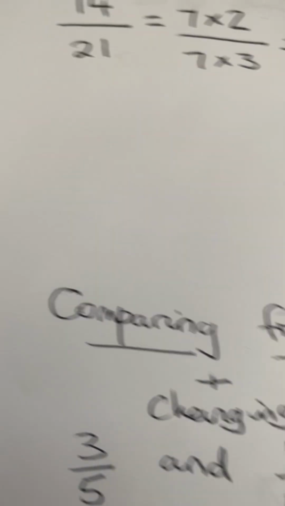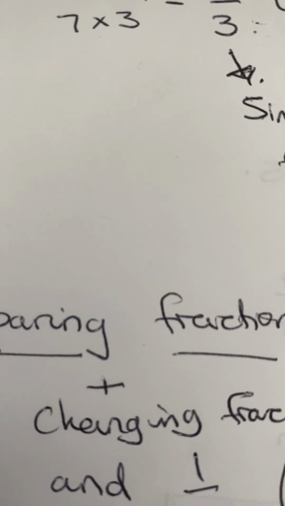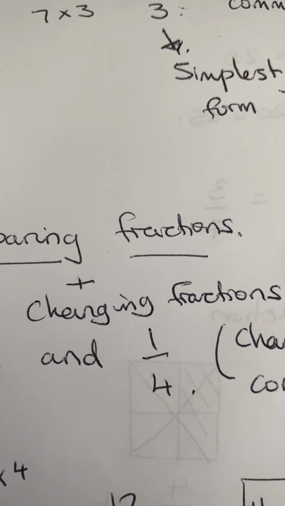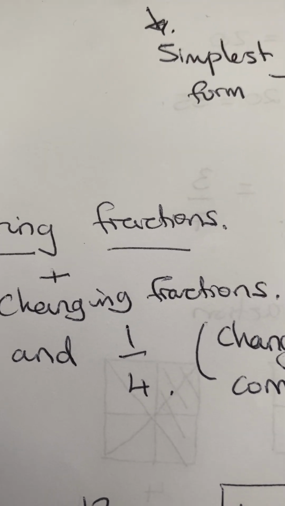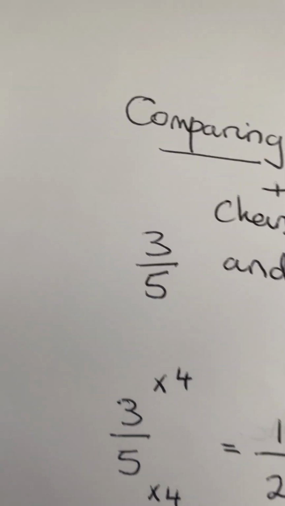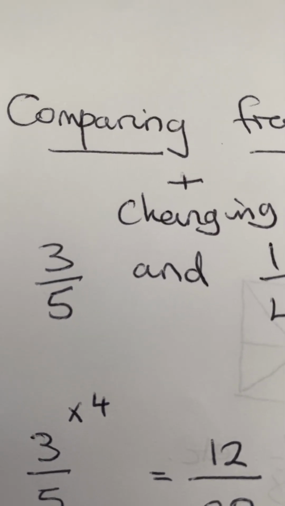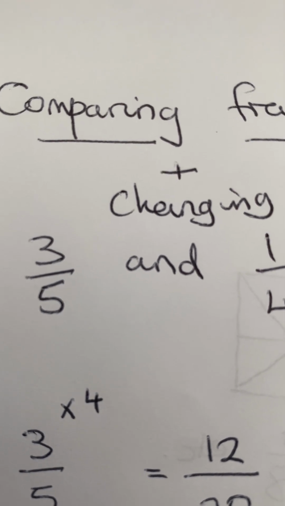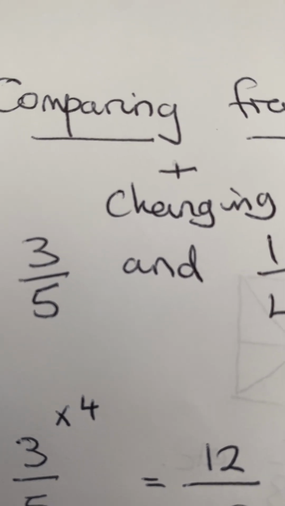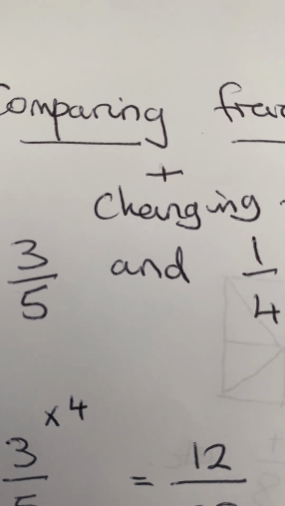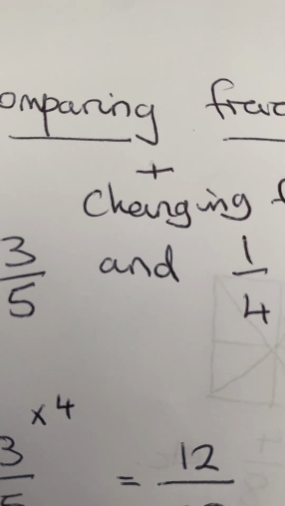Okay, now let's compare fractions, and we would do more of that tomorrow. We can compare fractions by seeing which one is the smallest or which one is bigger than the other by just changing the denominators.